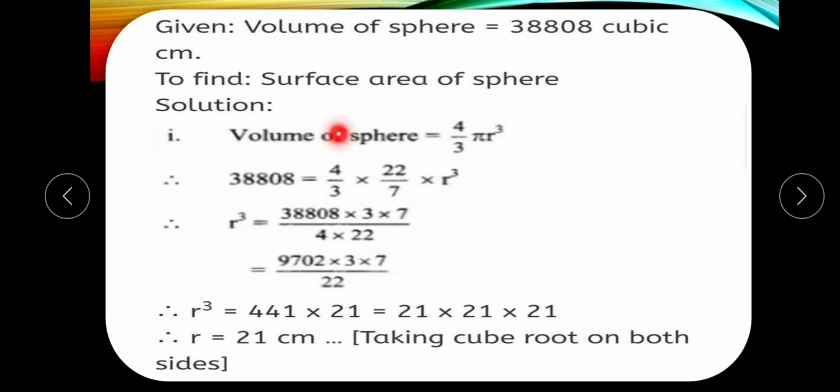Let's start. Volume of the sphere is equal to 4 upon 3 pi r cube. Substituting the value, we get 38,808 is equal to 4 upon 3 into 22 upon 7 into r cube. Therefore, r cube is equal to 38,808 into 3 into 7 upon 4 into 22.